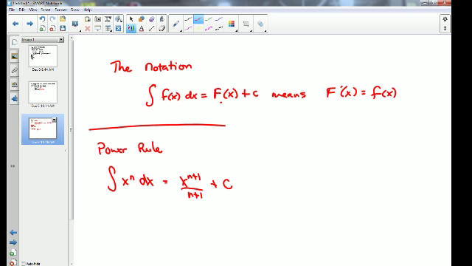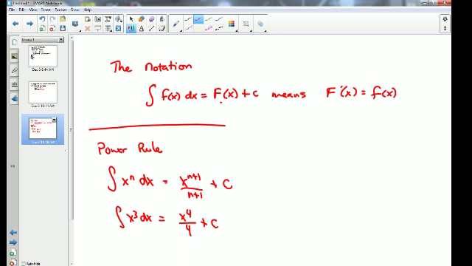Okay, so if I have the integral of x cubed, right? This rule says that is x to the 4th over 4 plus a constant. Why do I need the bottom there? Think derivative. What's the derivative of this? 4x cubed over 4.